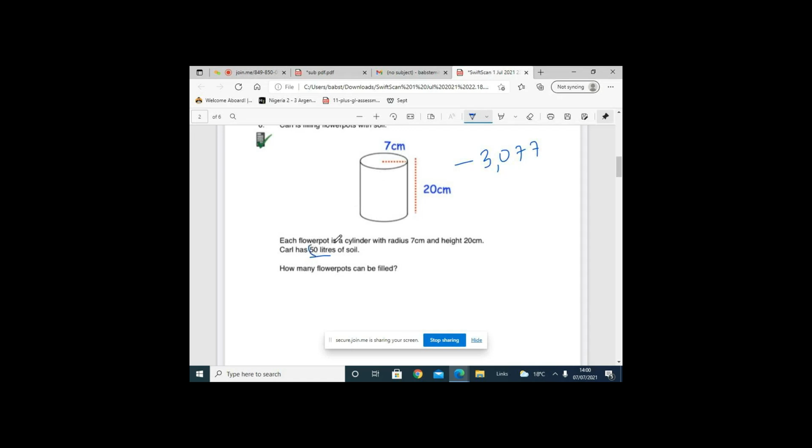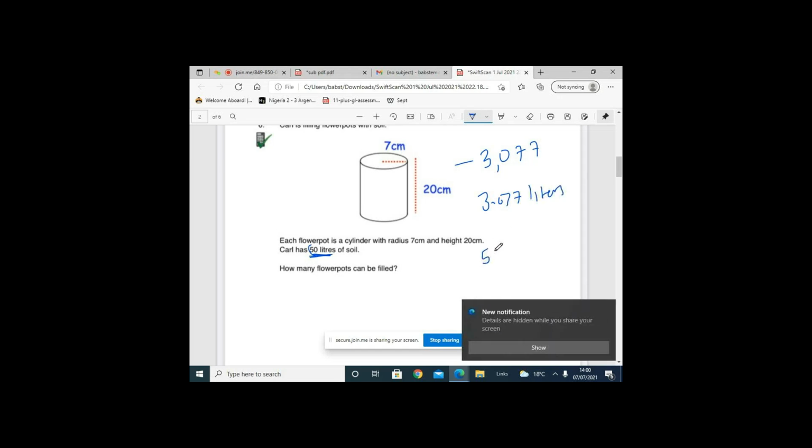So you have this soil, and you want to fill this flower pot. How many of them can actually be filled? So you need to convert this one to liters, because the soil is in liters. So divide by 1,000. It's going to be 3.077 liters.